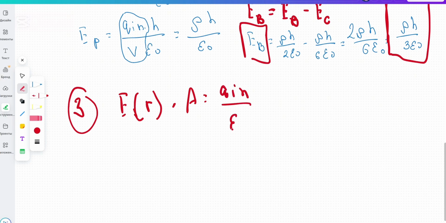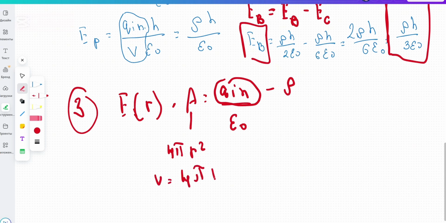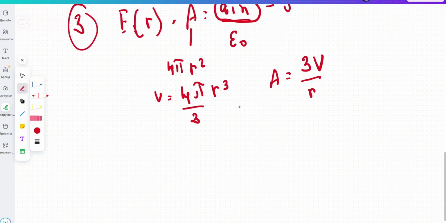So q inside over epsilon 0. Instead of area we write 4 pi r squared, but we need to calculate charge by charge density, so we need to use volume also, and we can write area by 3 volume over radius.